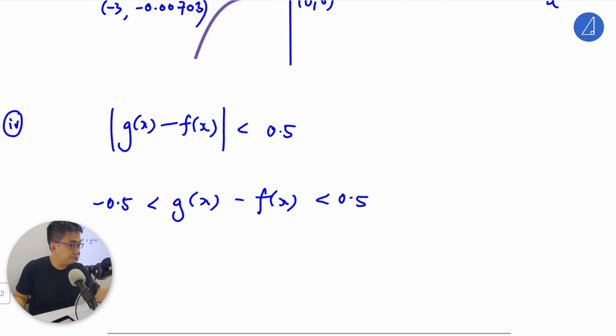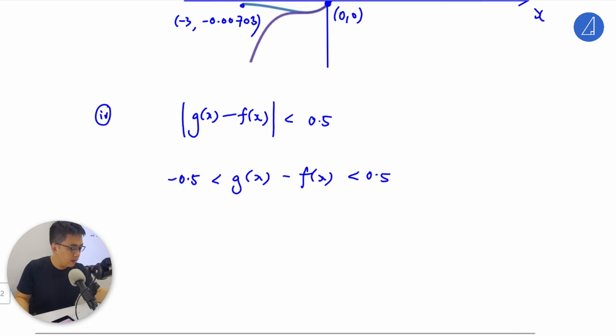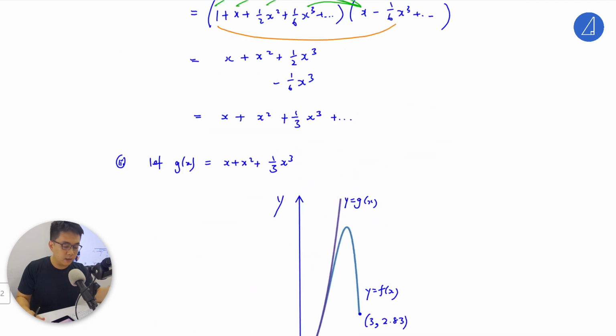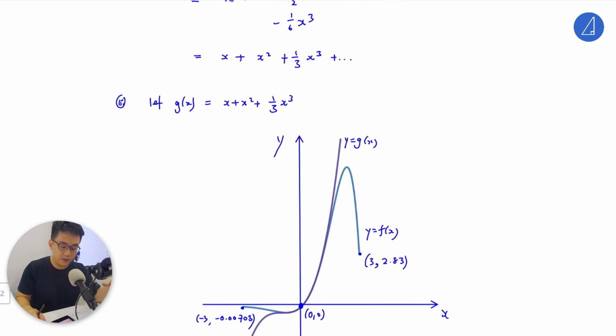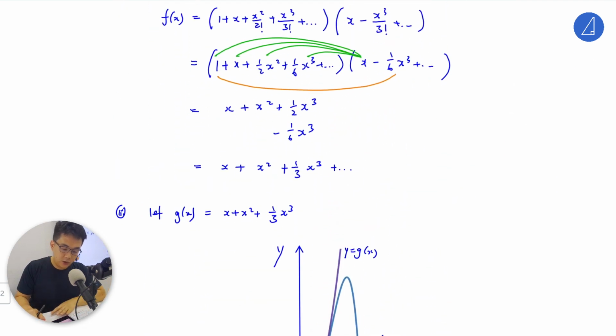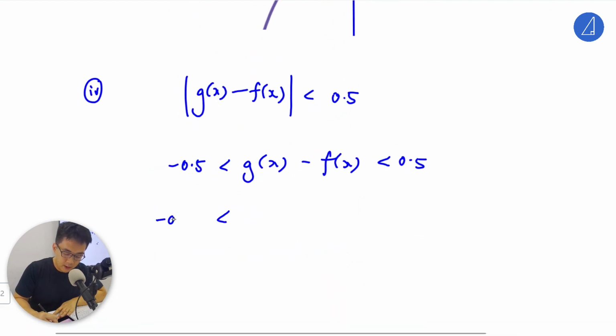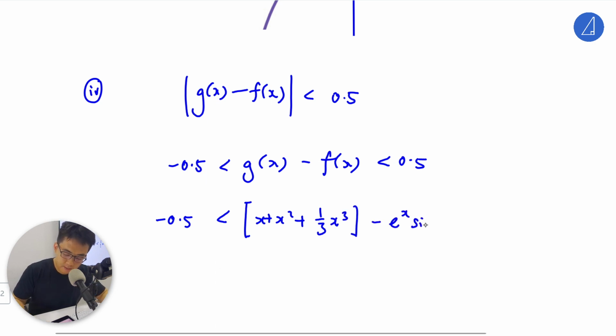Is this okay? So what we'll do here is we just put in the values. So this is g(x). So I put this as x plus x squared plus 1/3 x cubed minus e^x sin x.